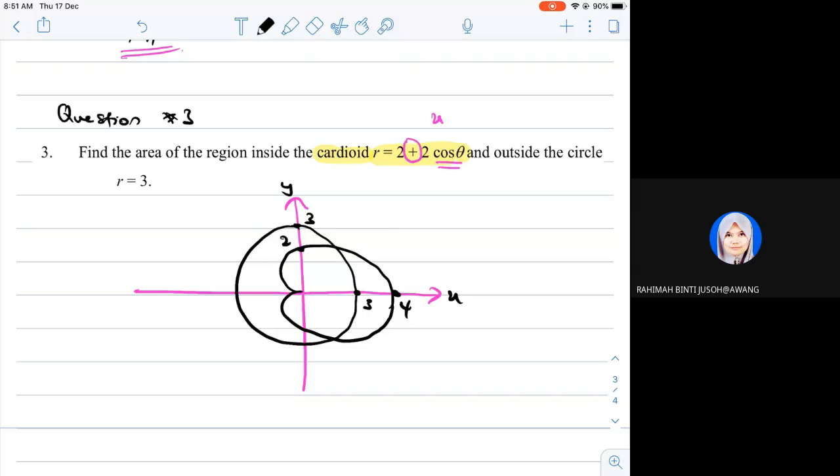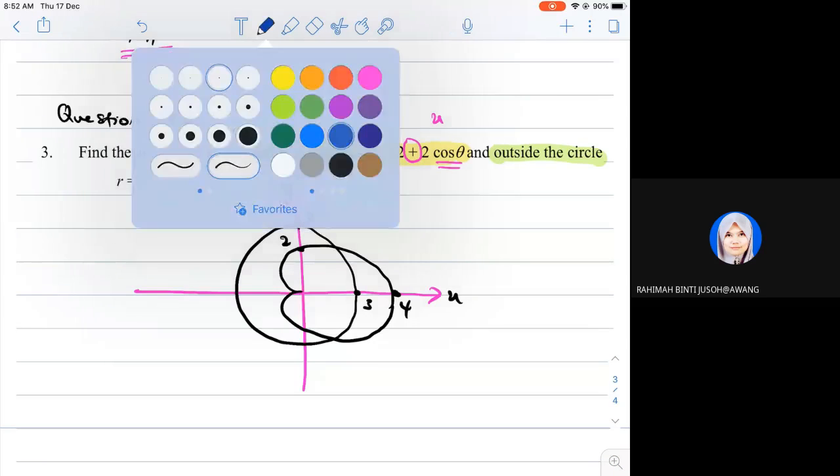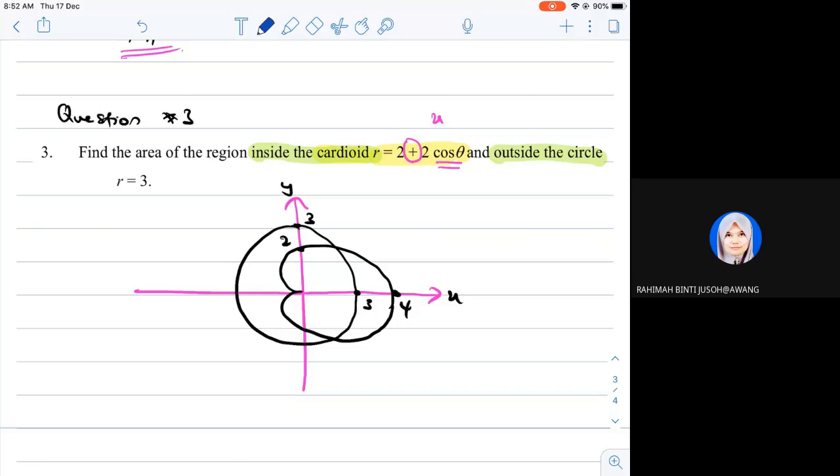So now, guys, it said that inside the cardioid, outside circle. Therefore, the region should be, let us shade the region, inside cardioid, outside circle, should be here, right? Okay, did you agree with me?